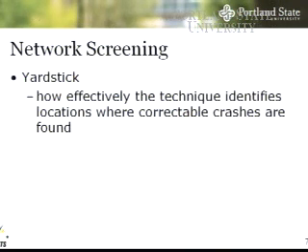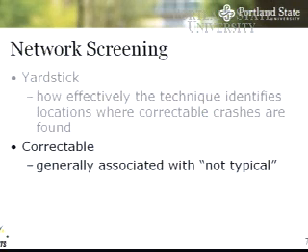So in network screening, the yardstick or the measure that you judge whether a technique is effective or not is how effectively it finds locations where correctable crashes are found. If it finds locations where you can't make a fix, then the technique is not necessarily the best. We want to find locations that are essentially not typical.